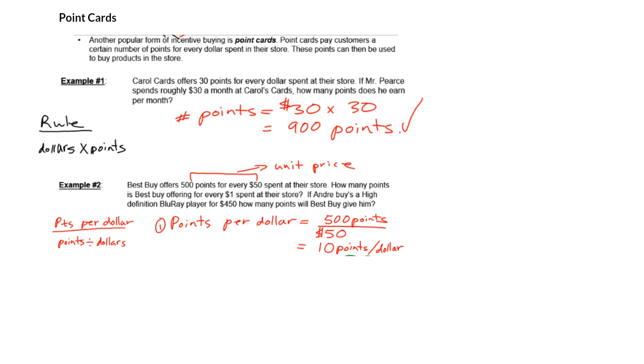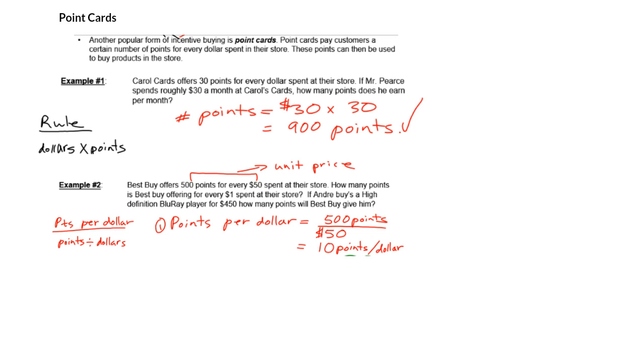Now, let's go on to the rest of the question. It says, how many points is Best Buy offering for every dollar per store? Isn't that what we calculated here? Now, if Andre's high-definition Blu-ray player costs $450, how many points is it going to have? Now, we have our points per dollar.